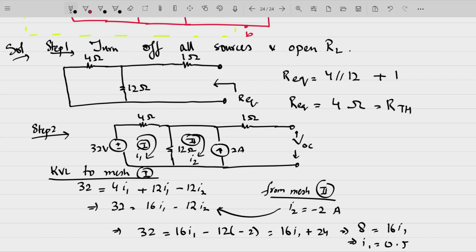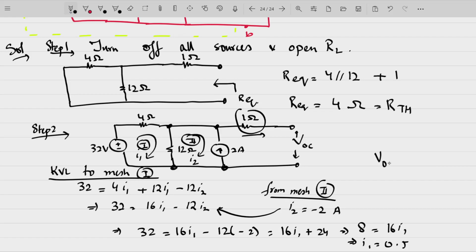Now what will VOC be equal to? Since this end is open circuited, no current is flowing here. That means as if this resistance is not there in the circuit. So VOC is the voltage across this 2 ampere current source, or you can say simply VOC is the voltage across this 12 ohm resistance. Fine. So VOC here is now equal to what?